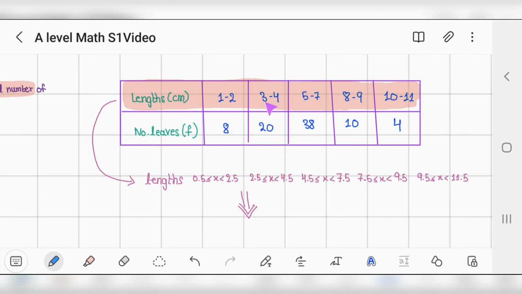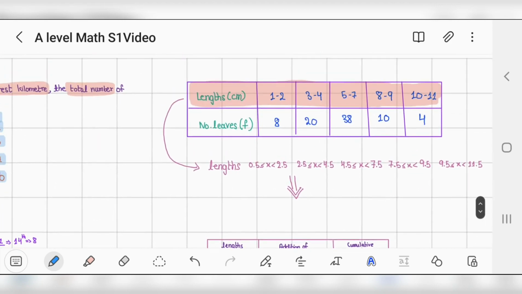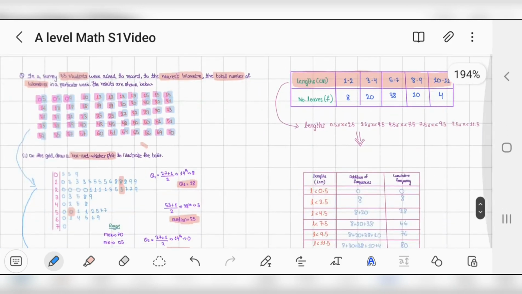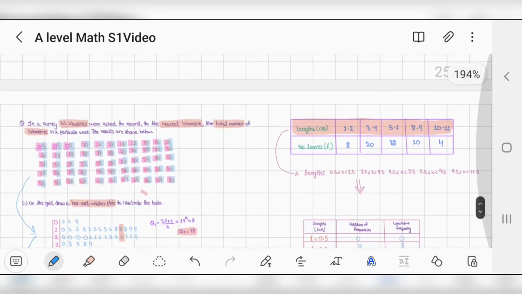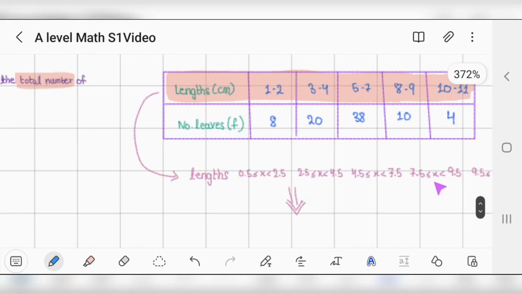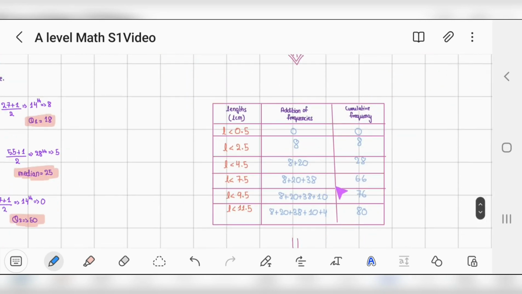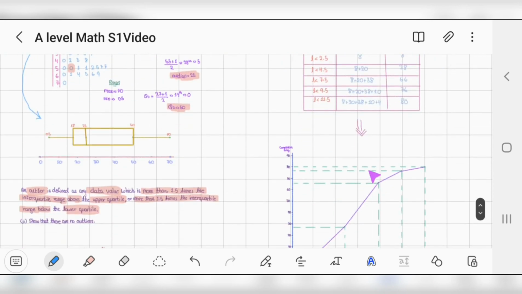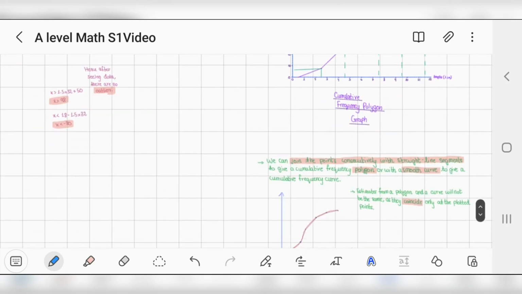Then if you have been asked to draw the cumulative frequency graph like this one, you will convert this in this way and try to find the cumulative frequency. Then you just draw the graph, which is the cumulative frequency polygon graph. Okay, so there are two types of graph.